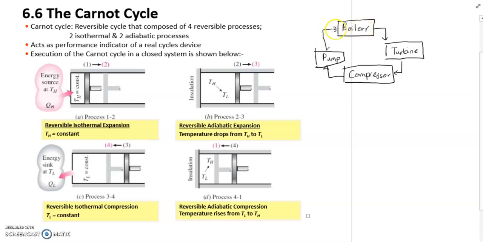So here I want to show the four main reversible processes in the Carnot cycle. I prefer to show you the PV diagram. For the first process, you have a reversible isothermal expansion, then you have a constant hot temperature.